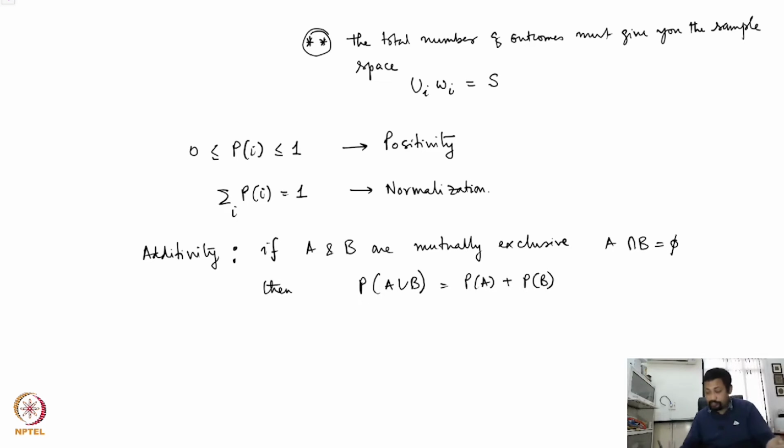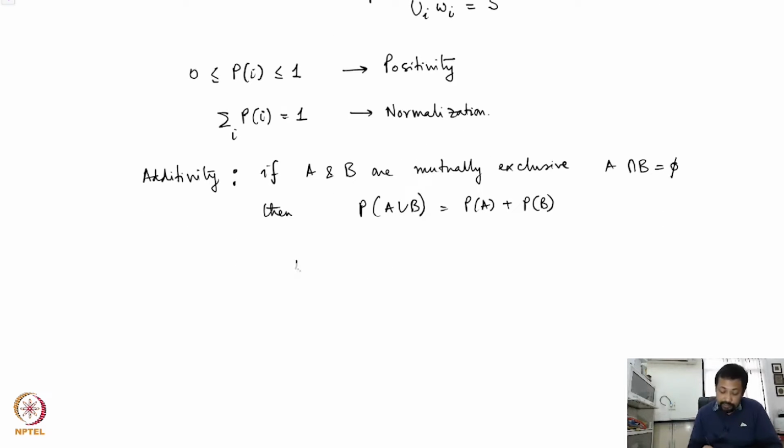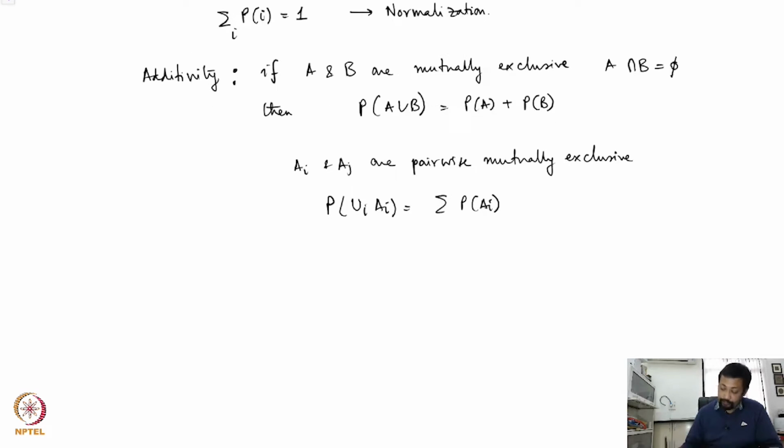One can generalize this statement by saying that if Ai and Aj, two of these outcomes, are pairwise mutually exclusive, then P of the union is the sum over P of Ai.